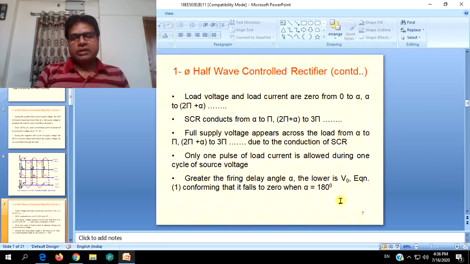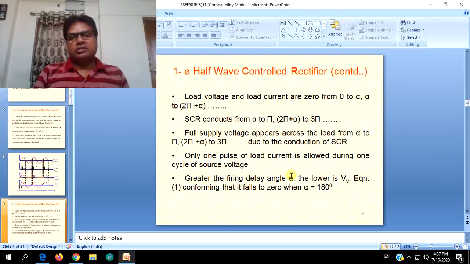It is obvious, as we have discussed in the previous sessions also. If alpha is 0, load will get its voltage and current right from the 0 instant, or the full half cycle will be flowing through the load. So greater power can be delivered to the load.